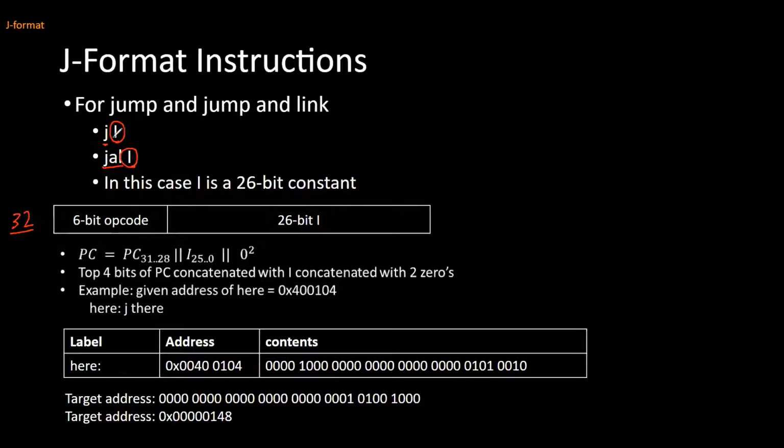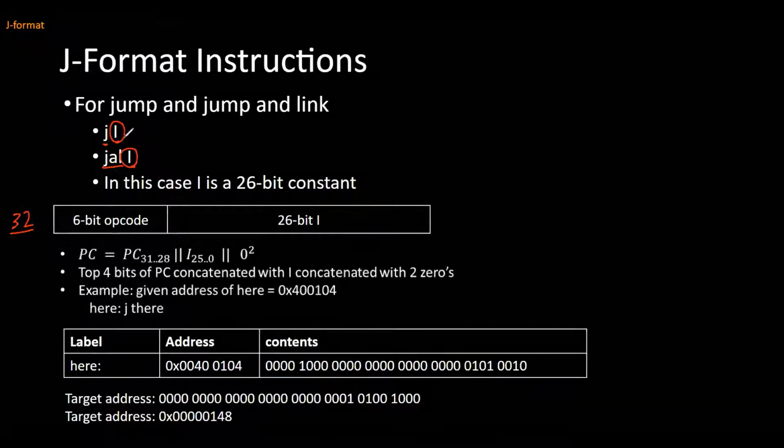So how does this work? We know about memory addresses. So if you had a jump, for example, jump loop, we know that this is a memory address, and this memory address is 32 bits. However, here we have only 26 bits. So how we're going to construct that 32 bits is we're going to get 4 bits.